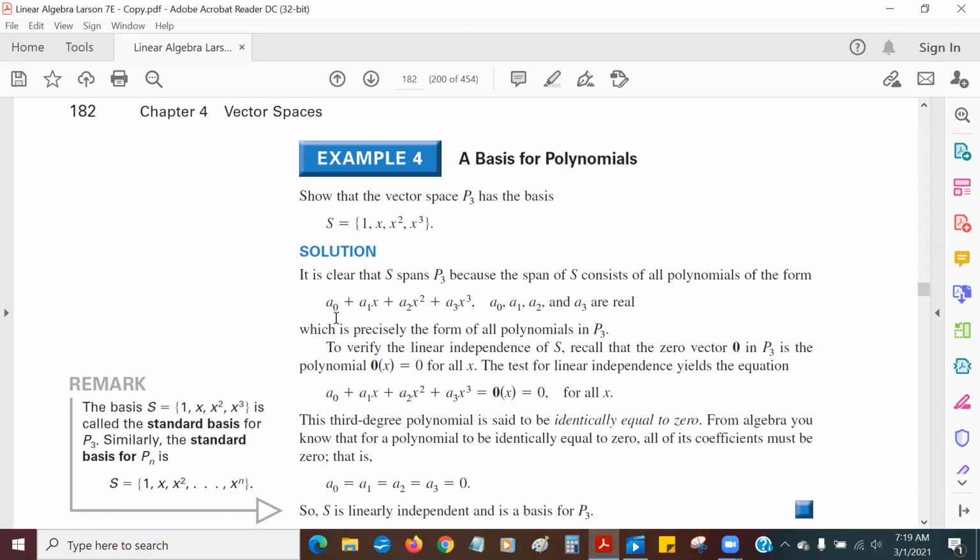If I have a polynomial a0 plus a1x plus a2x squared plus a3x cubed, and the a's are all real numbers, well, this is precisely the form of all polynomials in P3. And these are the four vectors here: a0 times the vector 1, a1 times the vector x, a2 times the vector x squared, and a3 times the vector x cubed.